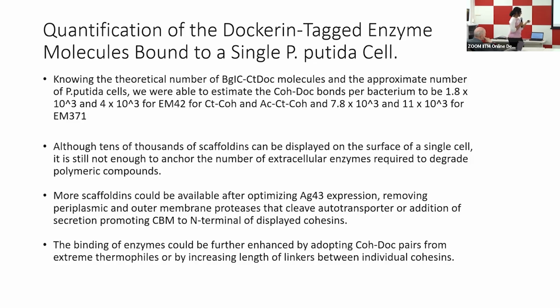Optimizing it will increase the number of scaffoldings, as will removing periplasmic and outer membrane proteases that can cleave the AG43 pathway, or we could even add a secretion promoting sequence to the N-terminal display cassette. This binding of enzymes could also be further enhanced by adopting a cohesin dockerin pair from extreme thermophiles.